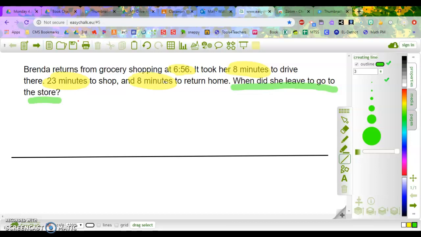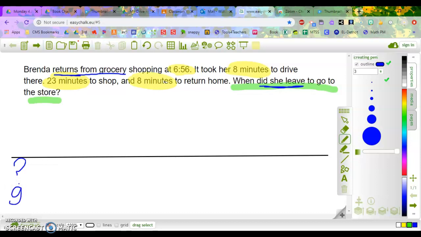Here I have the time of 6:56, and I need to decide where 6:56 actually goes on this number line. 6:56 refers to when she returns from the grocery store, so this is the time that she gets home. My question asks, when did she leave to go? When she leaves to go, that would be my start time. That's what I don't know.